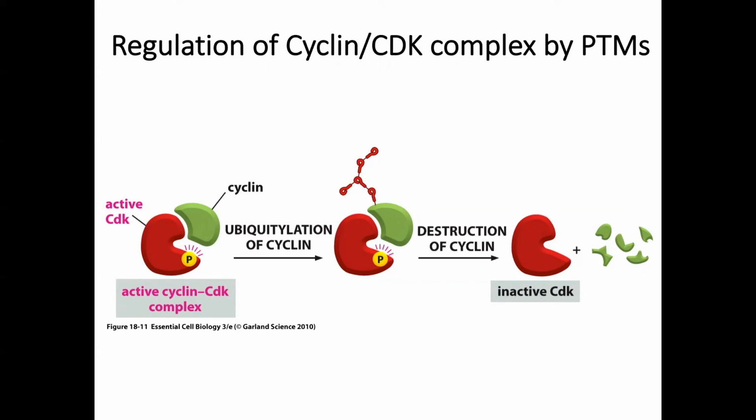Once cyclin is destroyed by the proteasome, the CDK conformation changes back and becomes inactive again. From this example, you can tell that PTMs, like phosphorylation or polyubiquitination, are extremely important for controlling the protein activity or enzymatic activity.